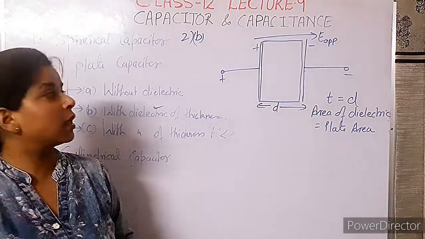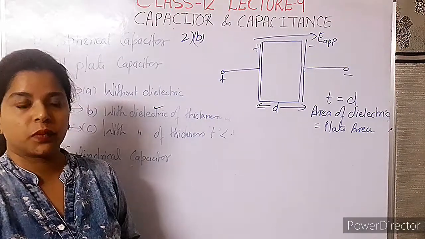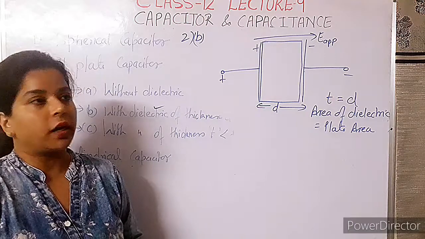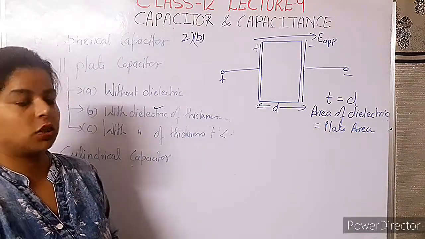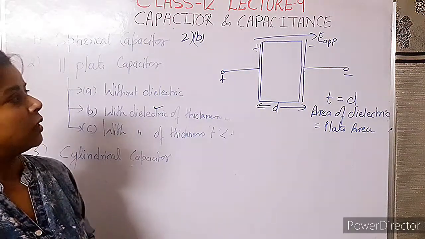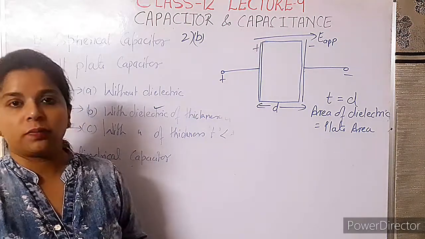If we place any dielectric in the field, what happens? The dielectric gets polarized if it is non-polar, and if it is polar, then it aligns in such a manner that the polarization vector is in the direction of the applied field.